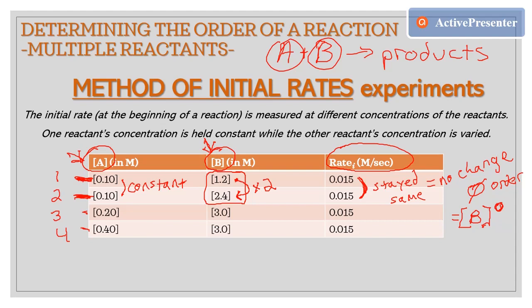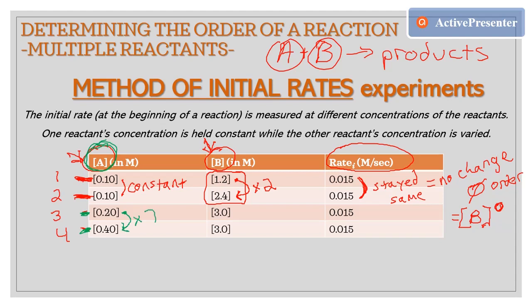Now let's look at the rest of this chart. Over here in the very left column, A, this is the concentration of A. On experiment 3 and experiment 4, we changed up the values of the concentration of A. In experiment 3, the concentration of A is 0.20, and then between 3 and 4, we changed it up to 0.40.